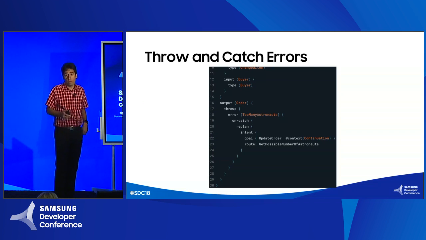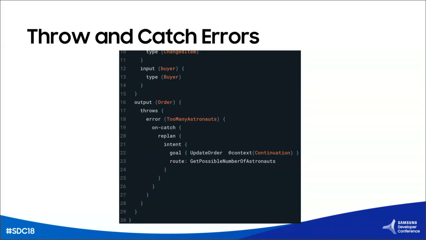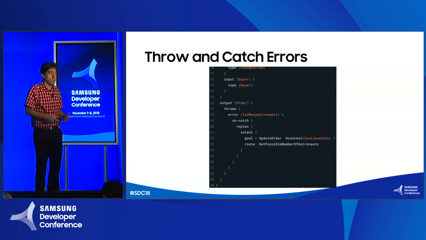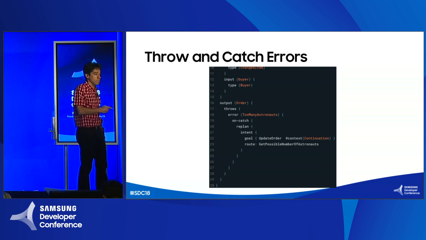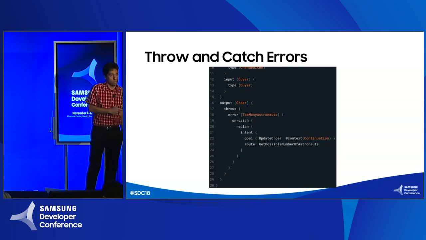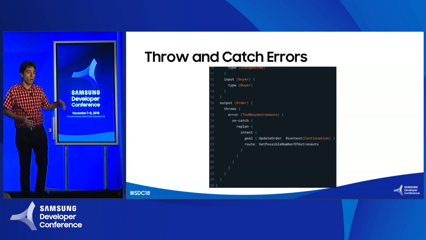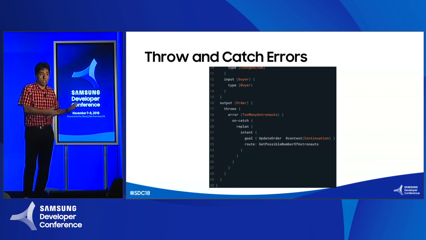For that, we can declare errors when we define the actions, and we can handle these errors and define the user experience for cases when these errors happen in the action definition. The errors themselves are thrown by the action implementation.